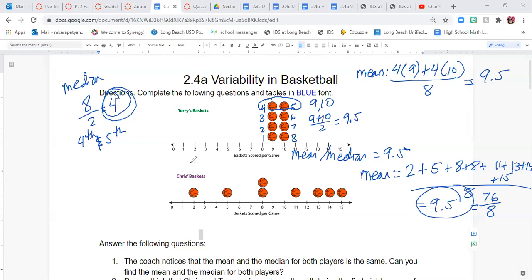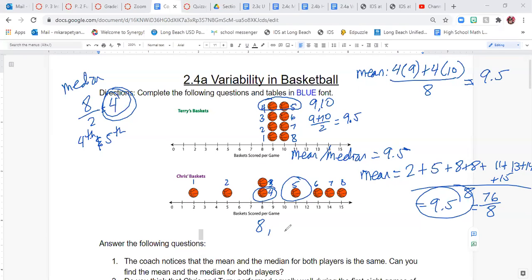Similarly for Chris, again, we have 8 data points: 1, 2, 3, 4, 5, 6, 7, 8. Again, the halfway mark is 4. It's a whole number, so I'm going to look at the 4th and the 5th data point. The 4th data point has a value of 8.